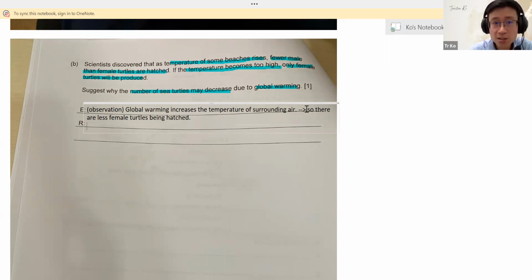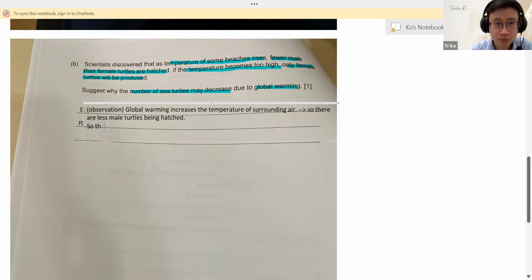So there will be less mates, right? Not female, sorry. Less male, not less female. So there are less male turtles being hatched. So there are less males to mate with the female turtles, right? And therefore they will have less fertilized eggs that will hatch into new turtles.